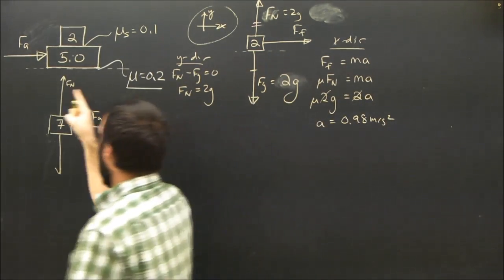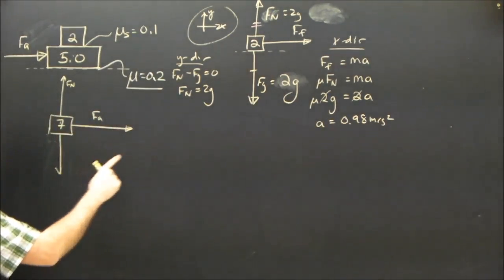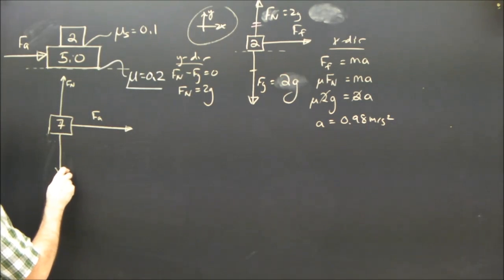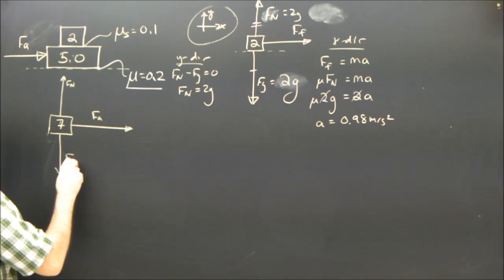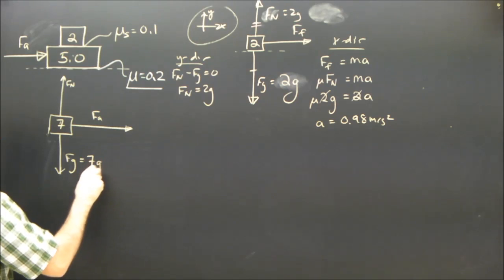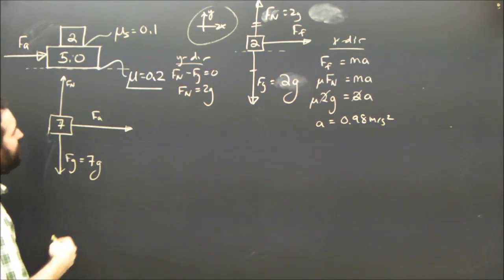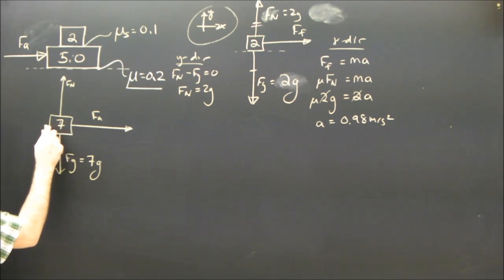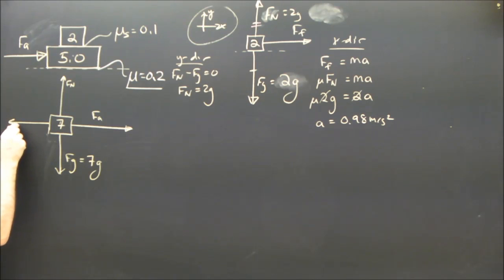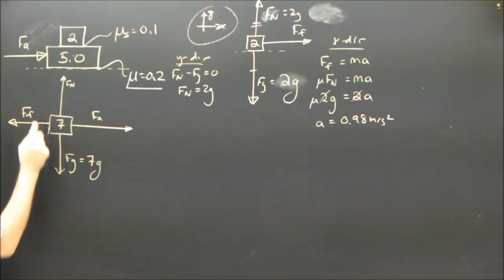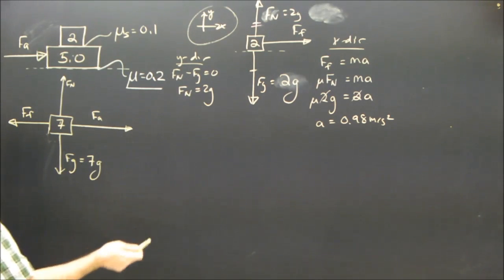Now if we look at the whole thing as 1, it has a mass of 7, it's got a force of gravity, which is 7 Gs. There's also going to be a force of friction here. And that force of friction is like that. X is to the right.